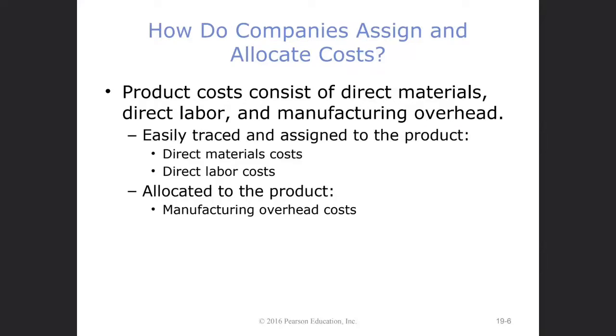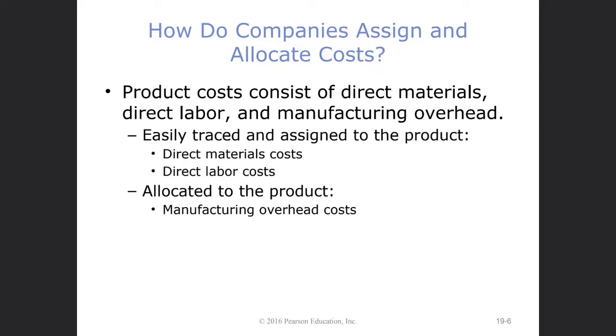They are easily traced and assigned to the product, and anything that's easily traceable is normally a direct material, direct labor. It's a direct cost. I think we may have mentioned that in our previous class as well, but direct cost, easily traceable. It's easy to identify that that cost is related to that product or service.